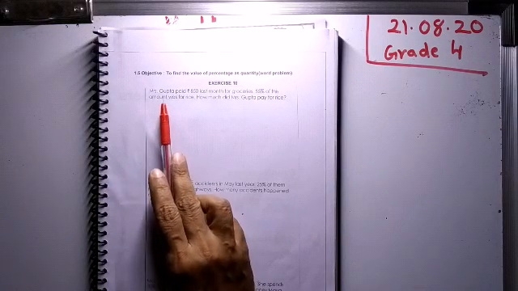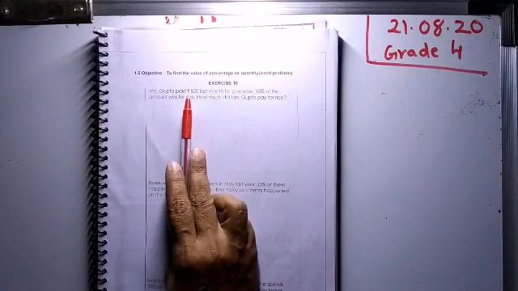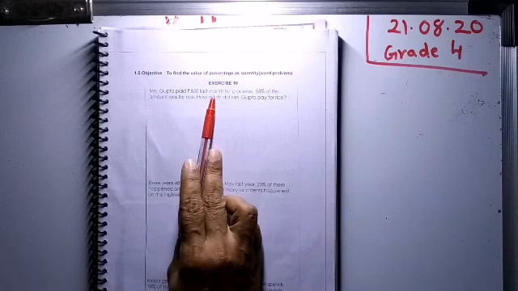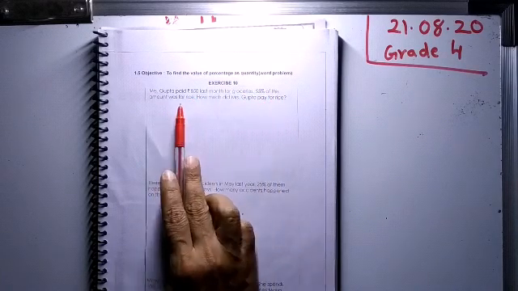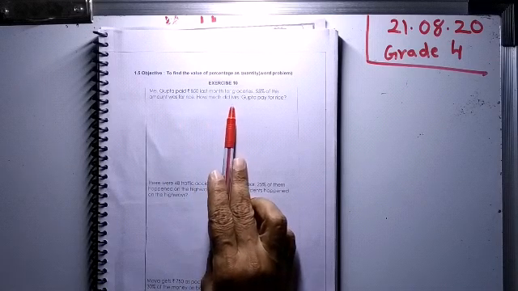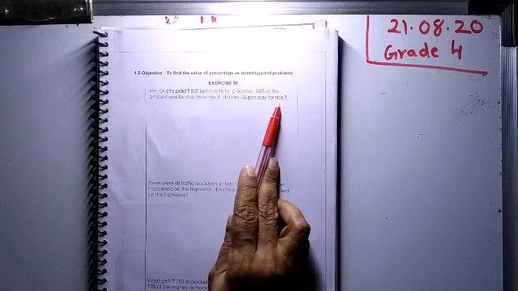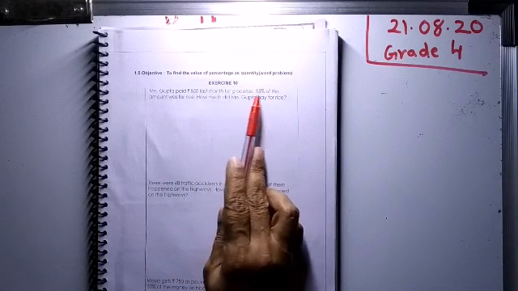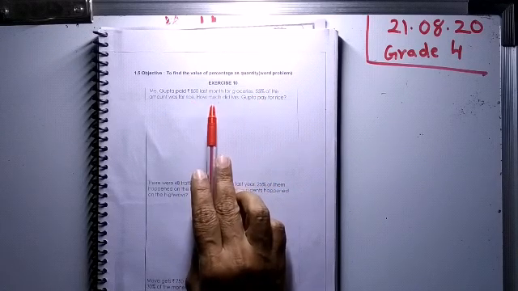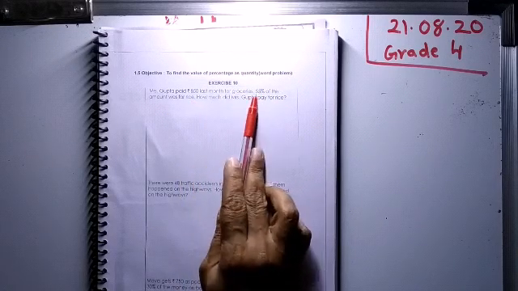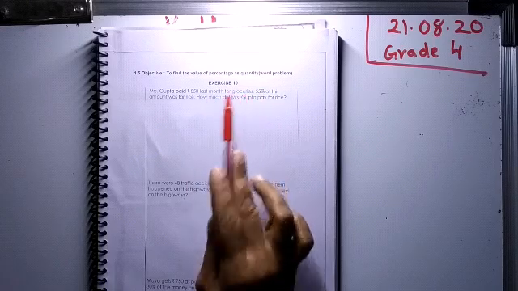Now let's read the sum, children. Mrs. Gupta paid rupees 850 last month for groceries. 55% of this amount was for rice. How much did Mrs. Gupta pay for rice? Now see, children, the percent is given for rice and they have asked us how much she paid for rice. So it's only for rice.